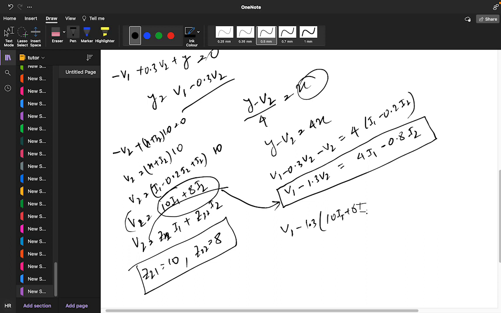What will we get? Do it very fast. What will we get? Tell me the result. v1 equals what by solving this? I'm waiting.